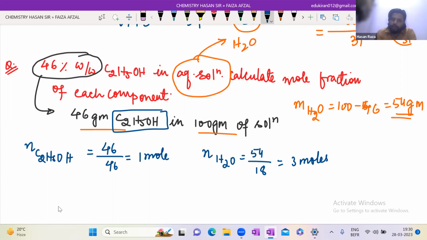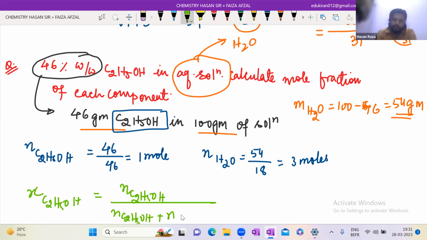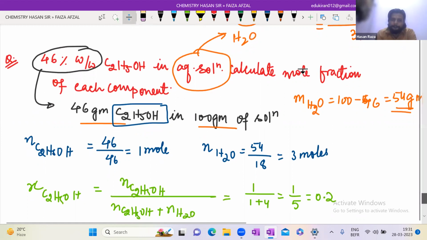Now, the mole fraction of C2H5OH will be equal to number of moles of C2H5OH upon number of moles of C2H5OH plus number of moles of water. Yes or no? Yes, sir.